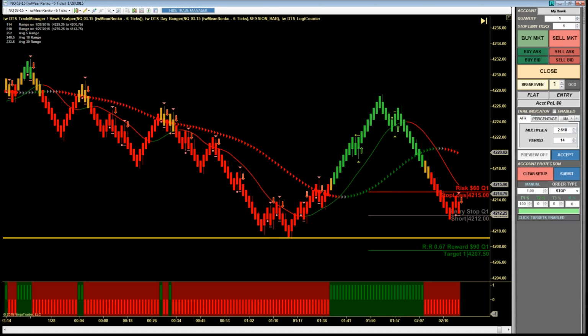But if you're the regular type trader where you're looking for a 2-to-1 risk reward, you're probably going to pass on this trade because the very best you can do is like this, and you're probably down here somewhere, or even a little deeper. So you're probably not going to see any potential on a trade like this.